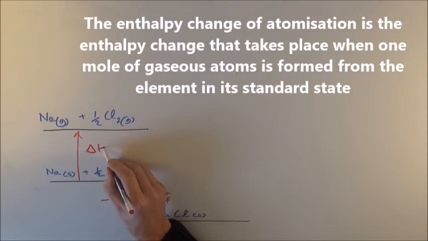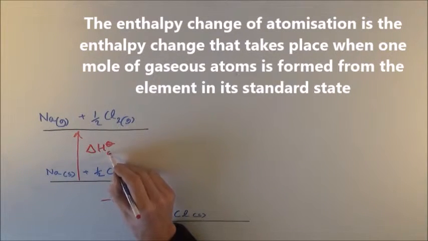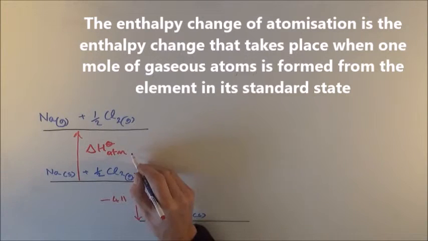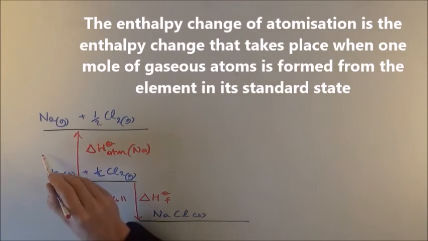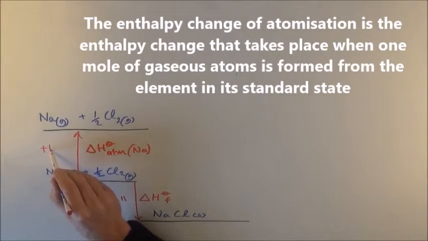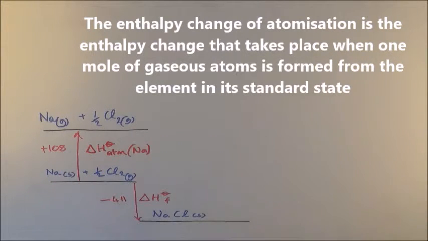It's usually written like this, ΔH atomization, and I'll specify that it's for sodium because we're going to do the same for chlorine in a minute. And as you might expect, that's endothermic. It's plus 108 kilojoules per mole. So obviously to go from sodium solid, a piece of metal, to gaseous atoms, you've got to break it apart, you've got to put energy in. So that's the only change we've made there.